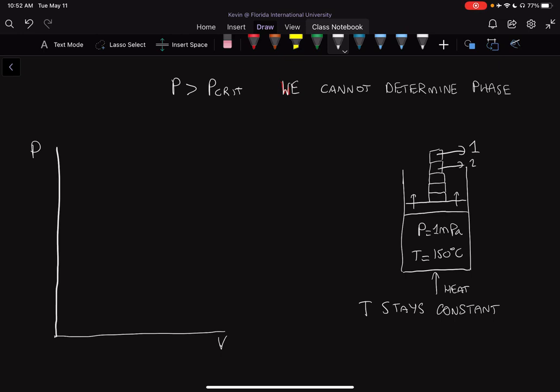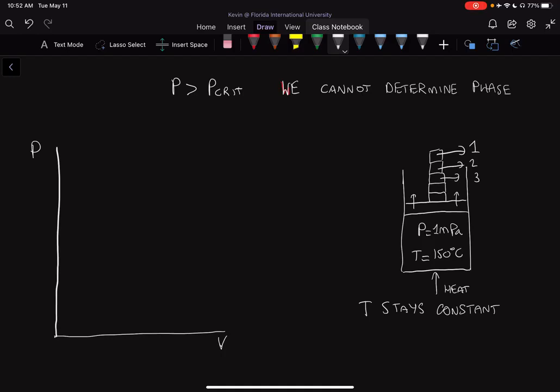Then if we take off a second one and then a third one, what happens to our system? Well, we keep the temperature constant by adding heat while the piston moves up. If we decrease the pressure and increase the volume, the temperature would also decrease.